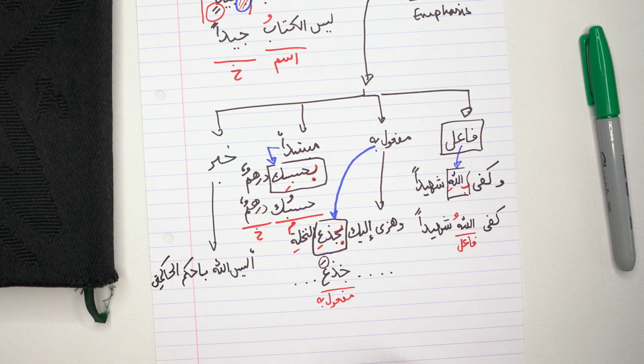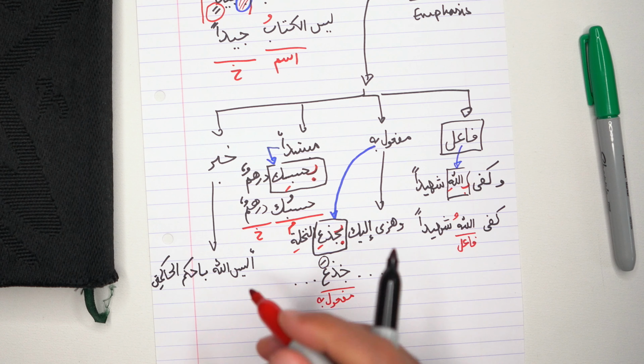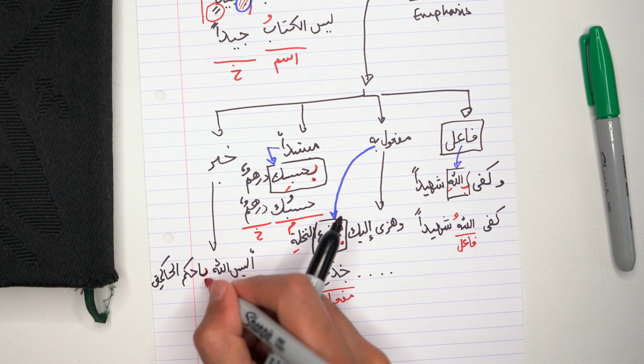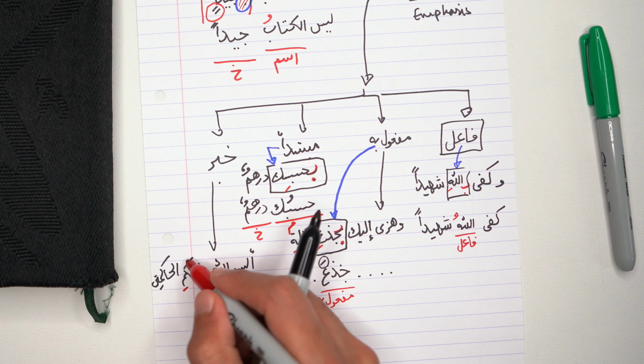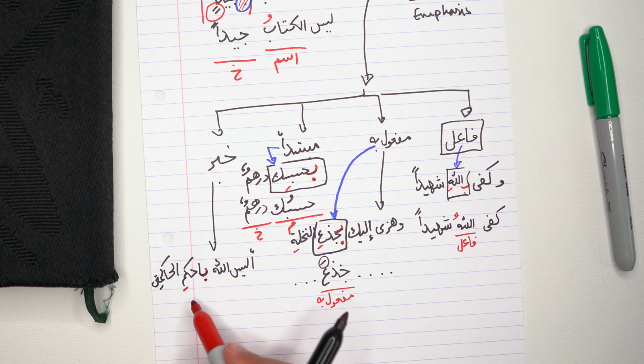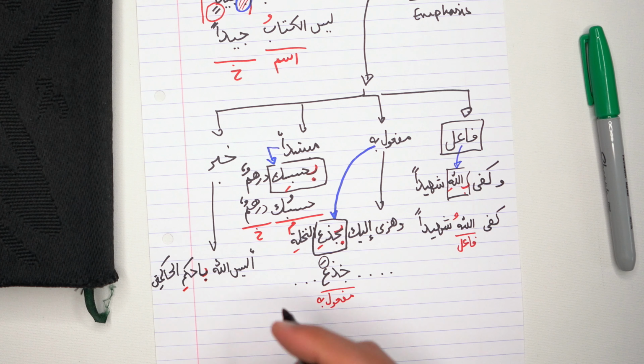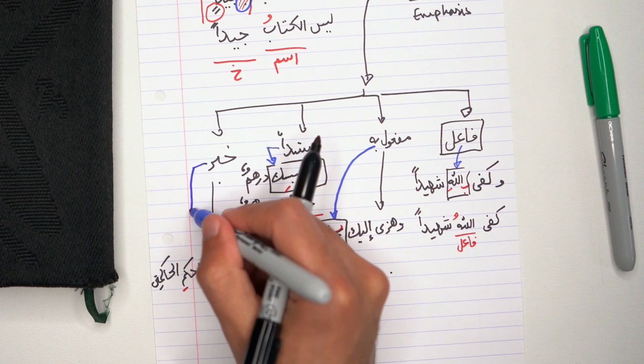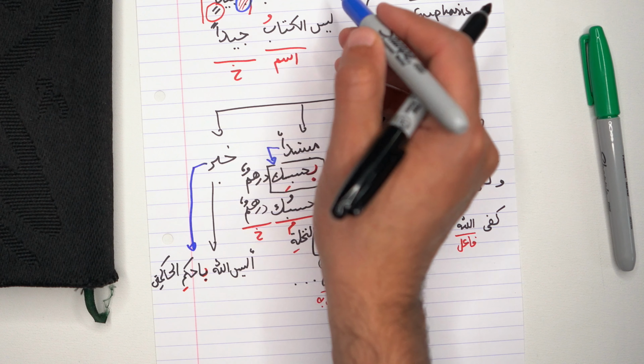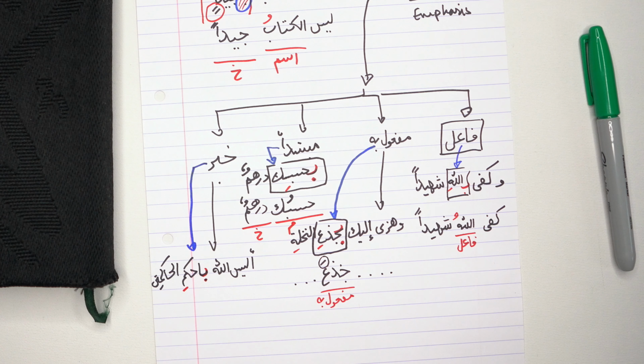So over here as well, the same thing has happened. You've got the ba, and this ba has been given kasra, and this is where it's the khabar, right? So bi ahkam, like we did in the example above, laysa al-kitabu bi jayyidin. The same thing happens over here.